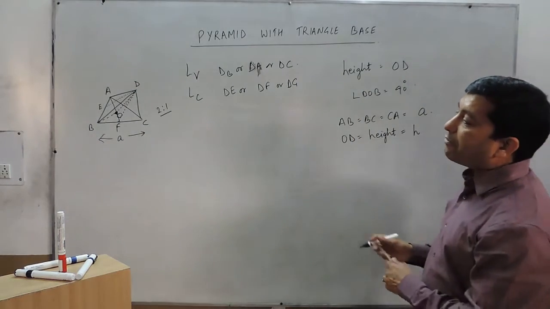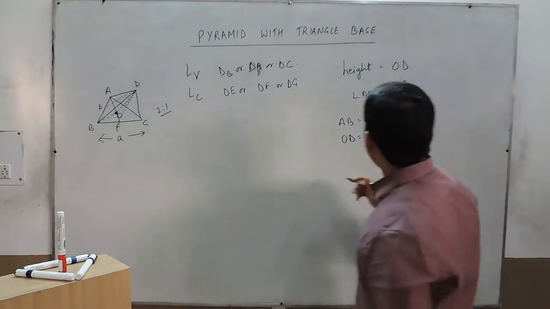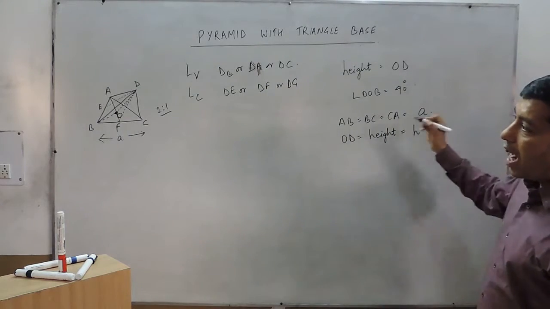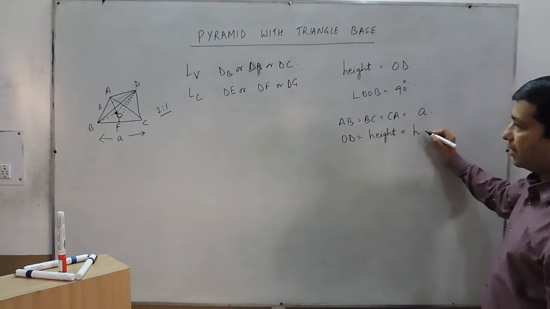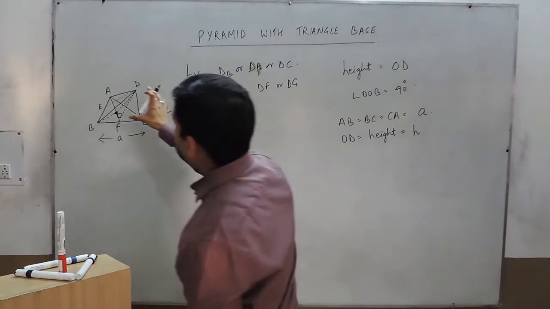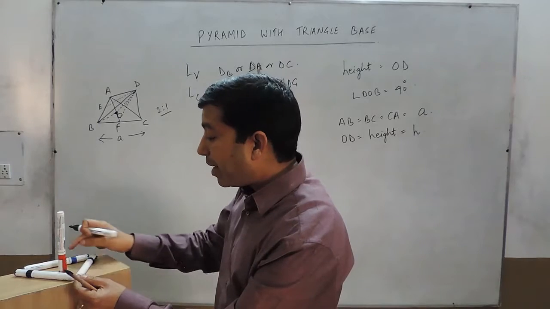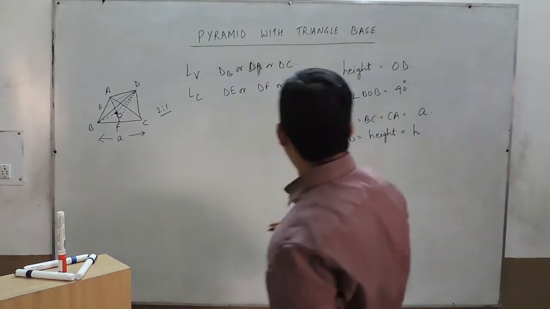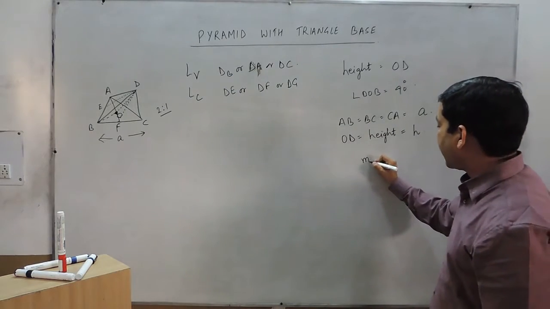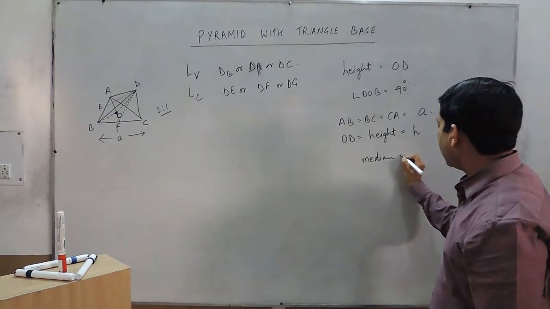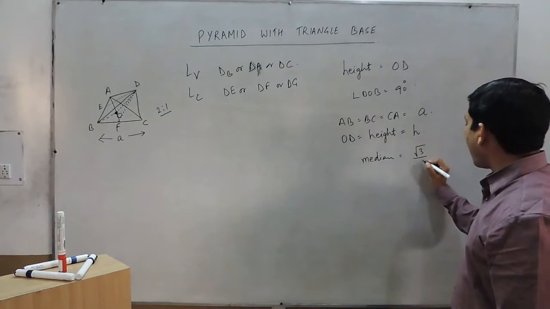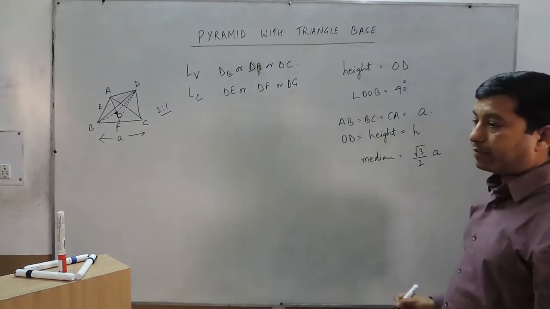Or we can say, if the length of the side is A and the height is H, we already know the value of OD. This is H. When we talk about the median of a triangle, the median is written as root 3 upon 2 into side.